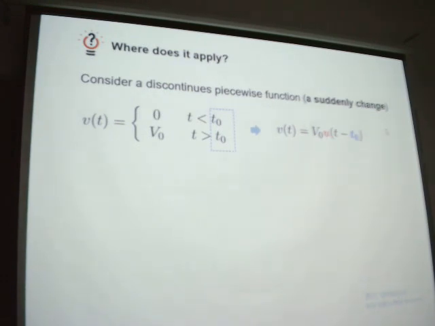So the total part will become 0 as well. It is equal to this one. If we put t greater than t0 inside, this part will be 1 actually. So v0 times 1 will be equal to this one. Okay.